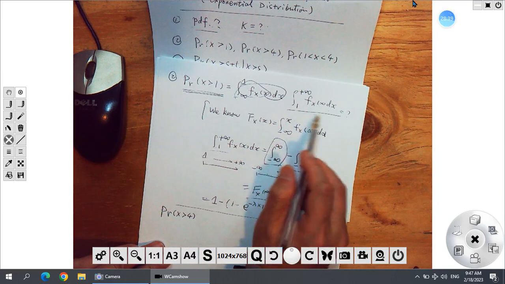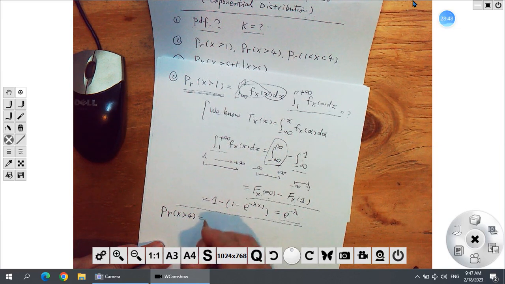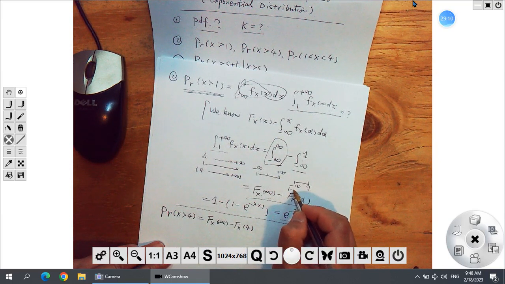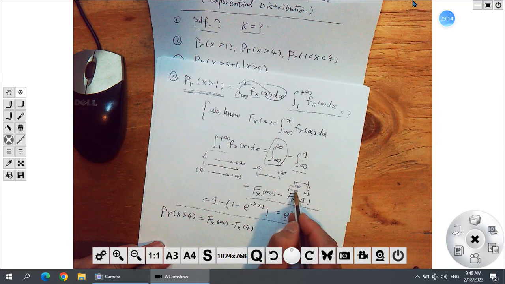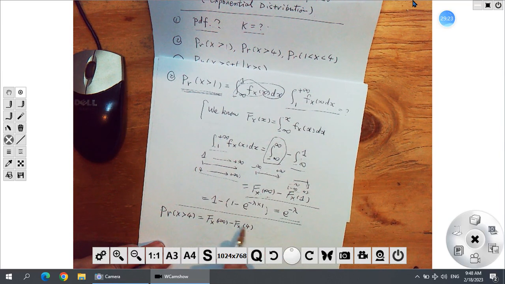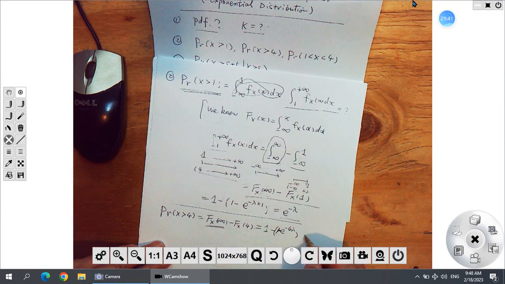You still can do an integration based on the PDF, but now we can calculate with the CDF. It is F_X at positive infinity minus F_X of 4, similar to before. We use negative infinity to positive infinity, minus negative infinity to 4, and subtract to get 4 to infinity. So the first is 1, and the second is 1 minus e to the negative 4 lambda, so the result is e to the negative 4 lambda.